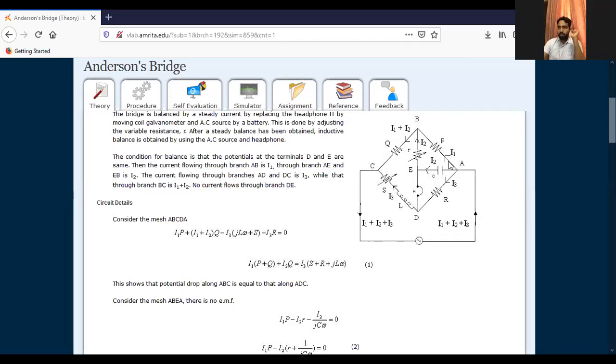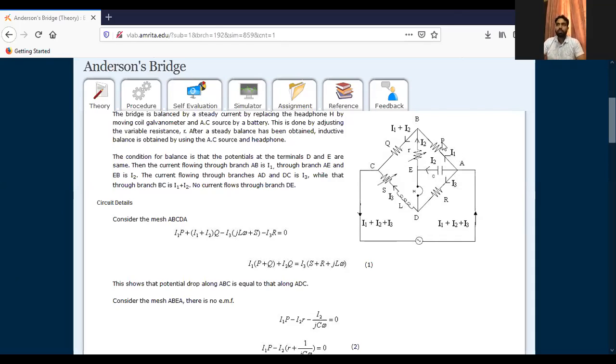So if we see here, one potential drop is here, second potential drop is here, third potential drop is here, fourth potential drop is here, and we know that the sum of all potentials in a particular mesh, किसी भी अगर हम मैश में बात करें, equals 0, because जितना voltage drop होगा उतना ही आपको add up होगा, so that becomes 0. So that's why the sum has been taken as I1P.